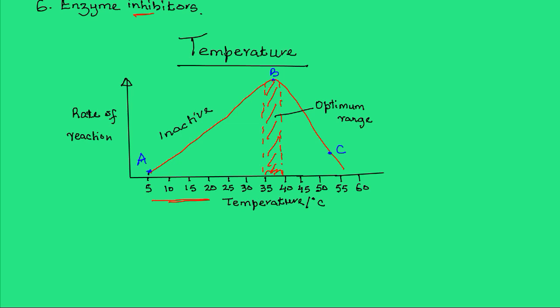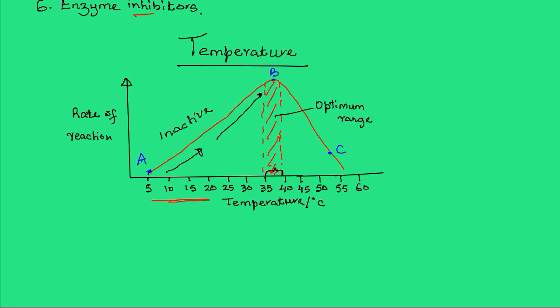But as we increase the temperature, the enzymes become more and more active and the rate of reaction increases. This will continue until the optimum temperature is attained. Now, for most enzymes, especially in the human body, the optimum temperature is between 35 to 40 degrees Celsius.